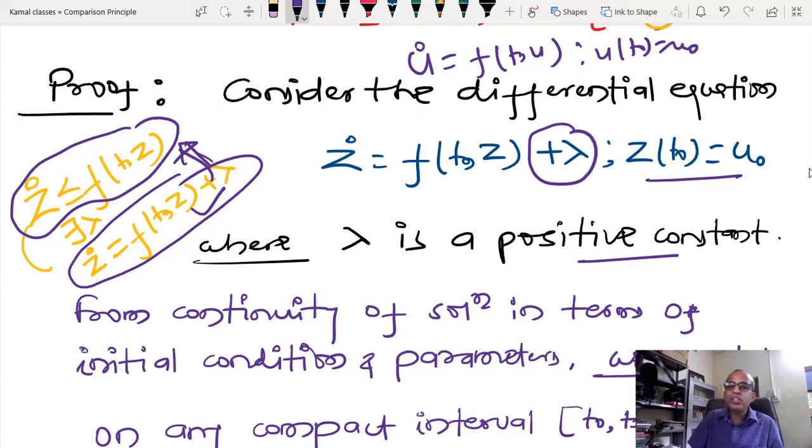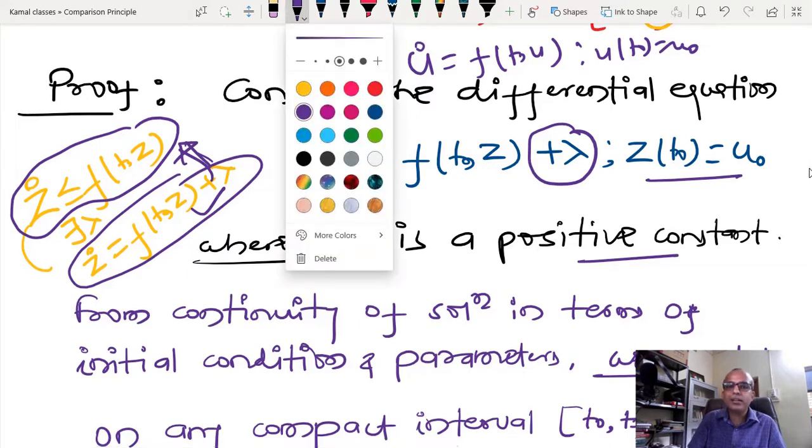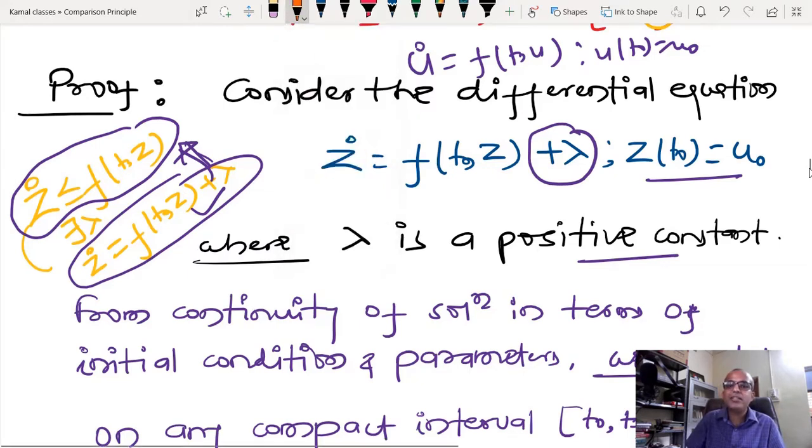If you see these two equations, everything remains the same, just the parameter changes, and if lambda is very small, then the solutions of u and z remain very close. We have formulated the distance between the two solutions using the dependency on initial condition and parameter, using a theorem.